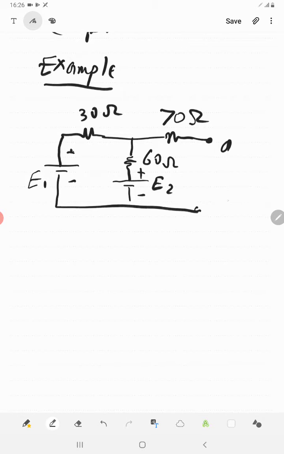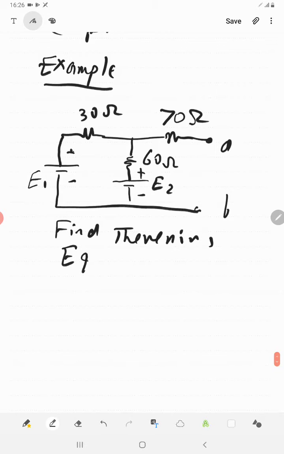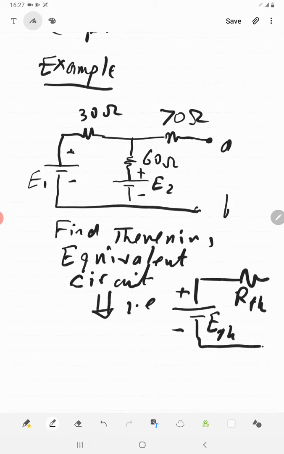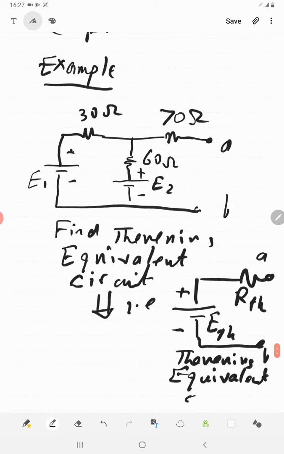This is A and this is B. So we want to find, i.e., what is plus minus E Thevenin, what is R Thevenin, between A and B. So this is the Thevenin equivalent circuit.